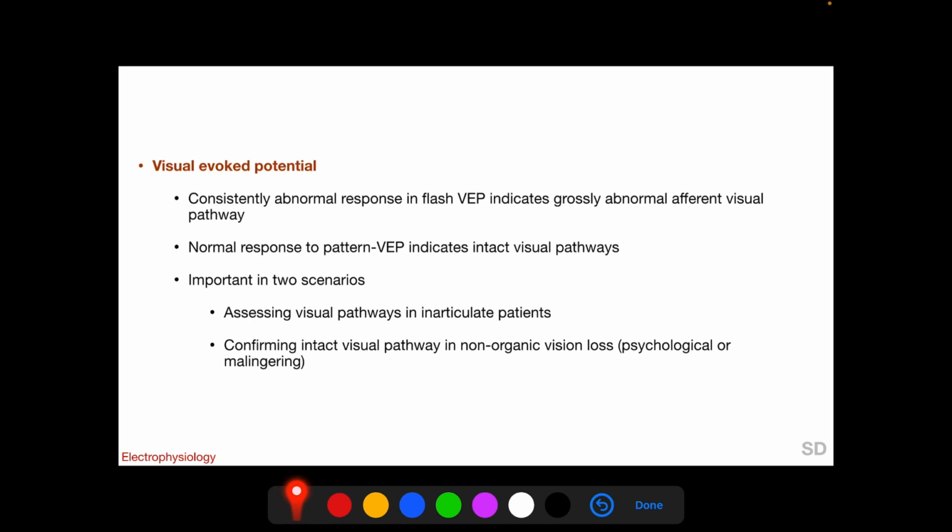Only when we have a normal response in the ERG with an abnormal response in VEP can we locate that the lesion is behind the retina in the visual pathway. And if the pattern VEP shows a normal response, that indicates an intact visual pathway. VEP is important in two scenarios in neuro-ophthalmology: assessing visual pathways in an inarticulate patient and confirming an intact visual pathway in non-organic vision loss, which may be psychological or in patients who are malingering.